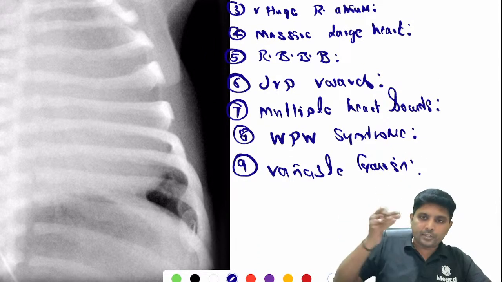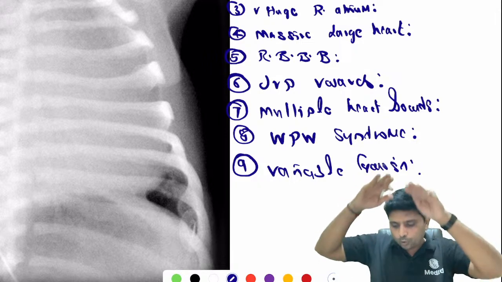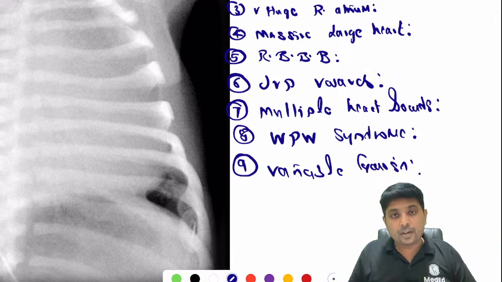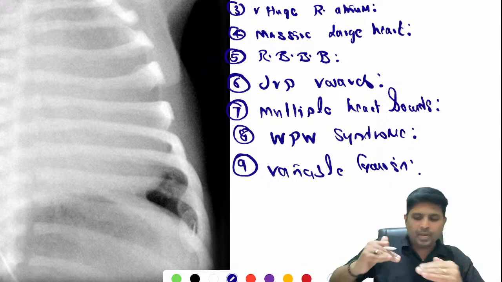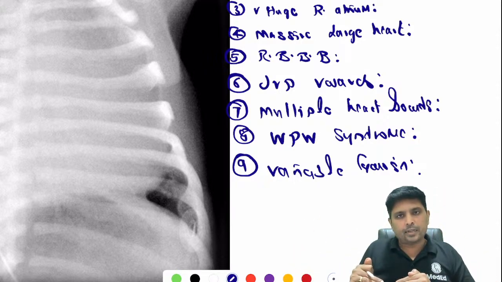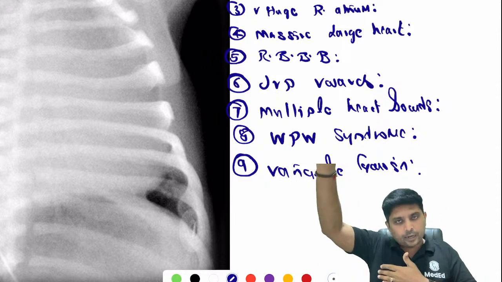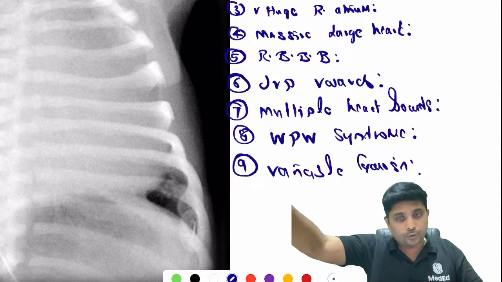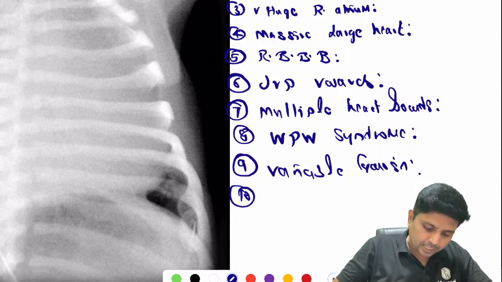It all depends on the level of descent of the tricuspid valve. The more the descent, the earlier and more severe the cyanosis. With lesser descent, mild cyanosis may appear in an adolescent or by about 20 or 30 years. So variable cyanosis, variable age of presentation.